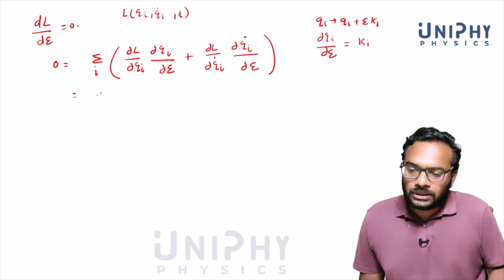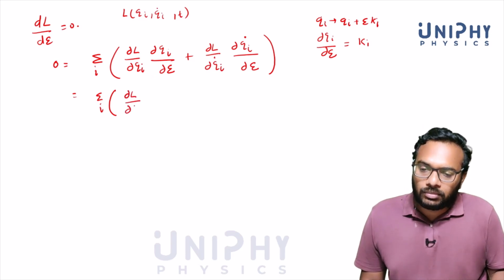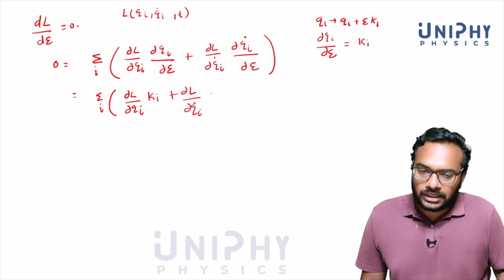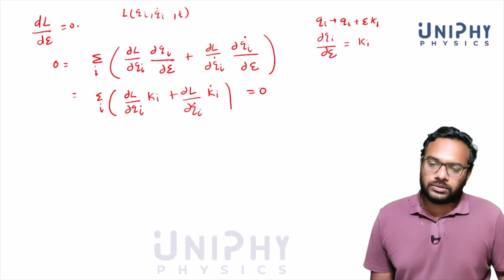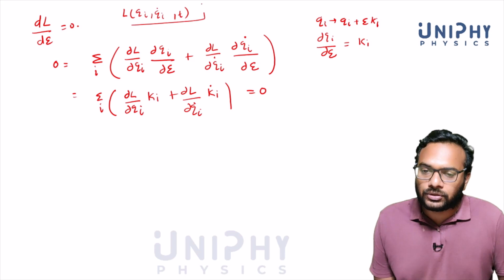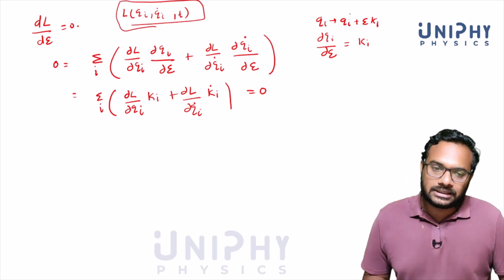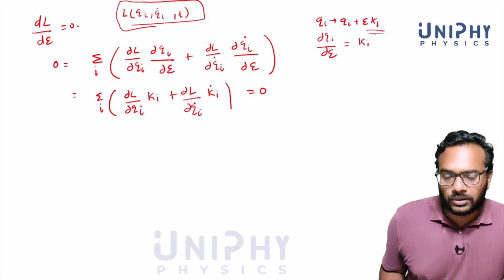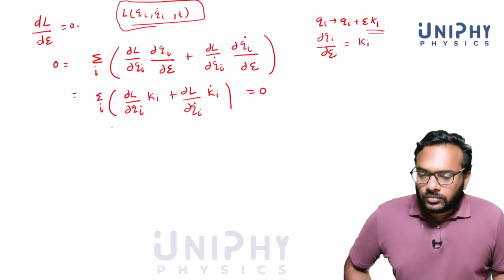So this is equal to the summation over i of dou L by dou qi multiplied by ki plus dou L by dou qi dot multiplied by ki dot. So this is equal to 0. This is what we are going to demand now. This is actually the transformed Lagrangian we are talking about, with the coordinates transformed by this factor. Now what do we do?